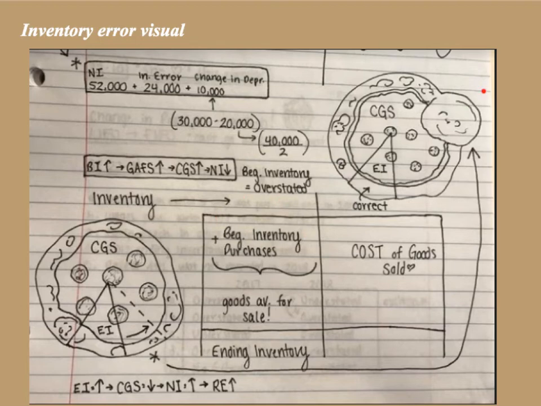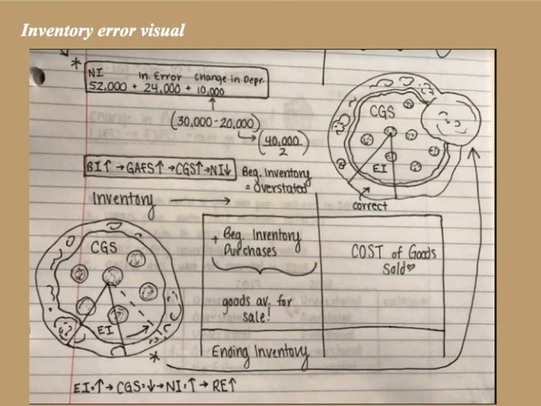So beginning inventory is too high, and your cost of goods available for sale is not correct. At the end of the second period, you're going to count inventory again. This time you counted it correctly, so ending inventory is correct. But look at this. Even though ending inventory is correct, it's beginning inventory that messes up your cost of goods sold, and cost of goods sold appears to be overstated due to this large piece of dough or cheese.